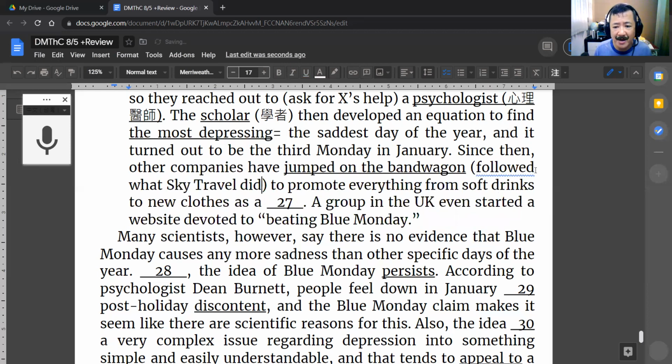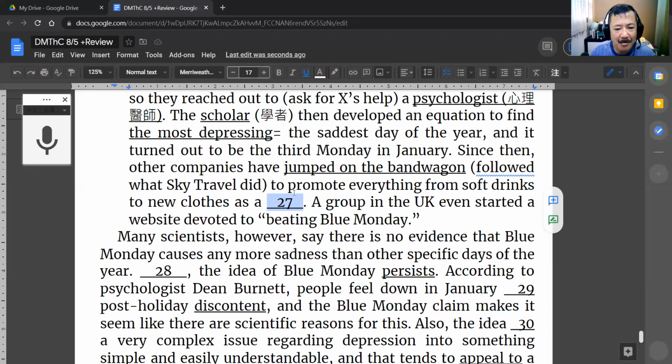And then to promote everything from Coca-Cola to clothes, Uniqlo, whatever, as a what? So wait a minute, I just told you, right? Because the third week of January is the saddest day of the year. So in order to make you not sad, you want to take a vacation. So maybe other companies will say, well, in order to make you less sad, buy my new clothes or drink a Coca-Cola, right?